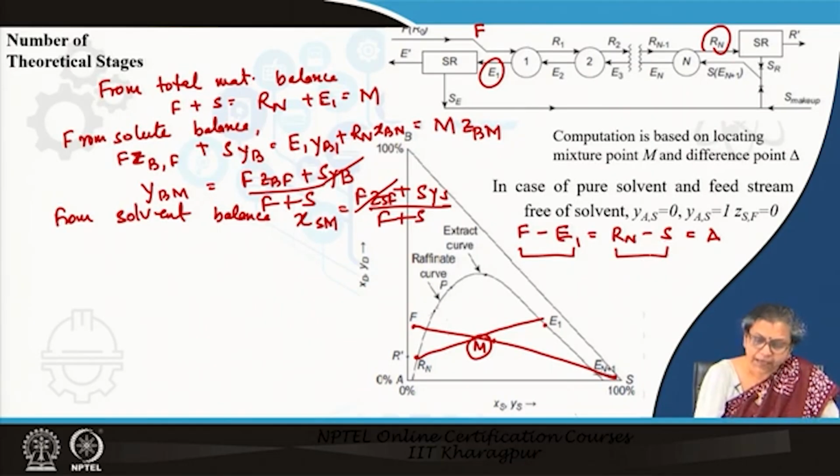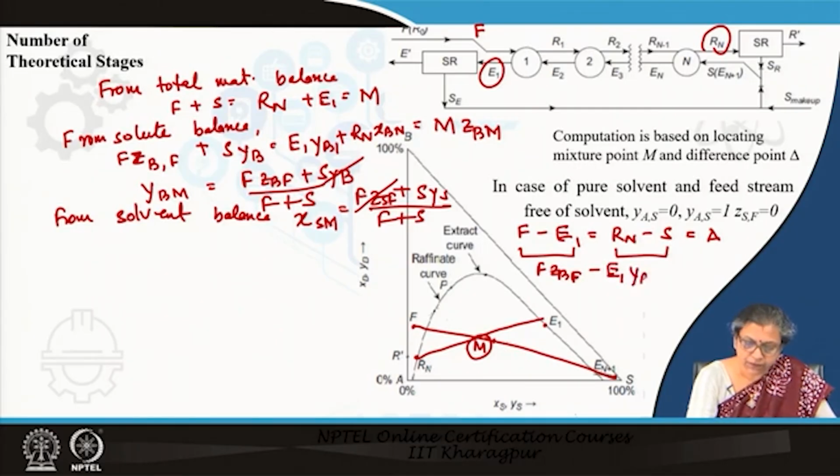Similarly, I can perform a solute balance also, in the same way, which is going to give me F Z B F minus E1 Y B 1 equal to Rn X B n minus S Y B, which will be equal to delta times Y B delta.